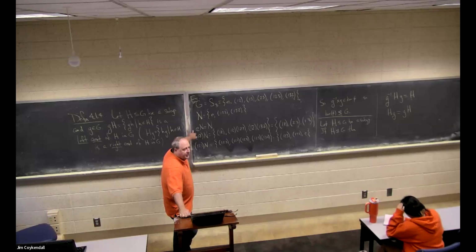I make the observation that if I walk up to you on the street with any element of group G, it is in the left coset gH. Why is that? Correct. That's very important. H is itself a subgroup, so the identity is one of the elements of H, right? So g times the identity is one of the elements of gH, right?